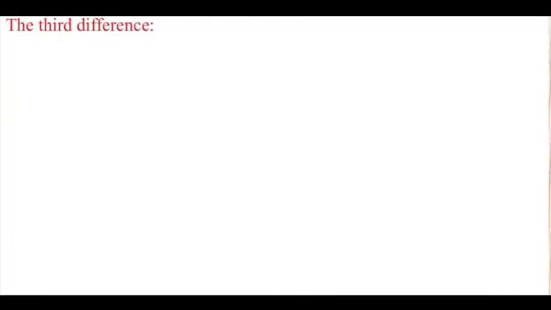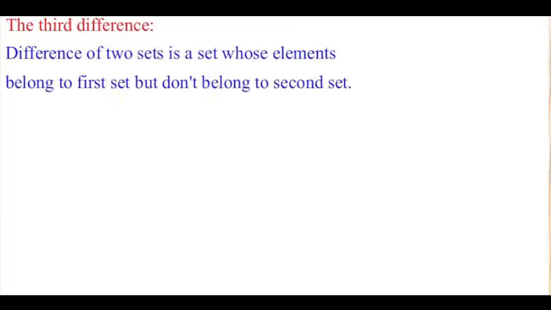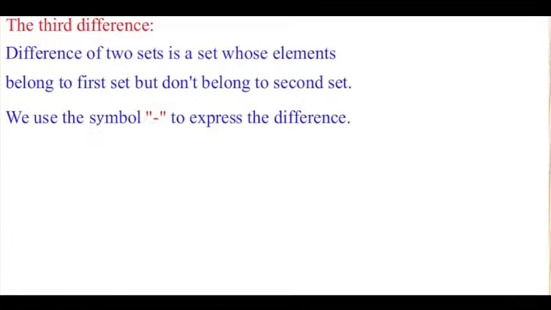The third, difference. The difference of two sets is a set whose elements belong to the first set but don't belong to the second set. We use the symbol \ to express the difference. Example: X equals the set of 0, 1, 3, and 5.